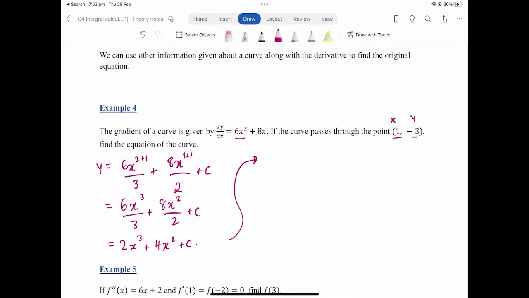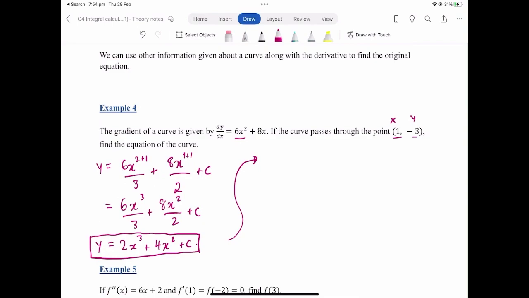This particular point will go through the original function. The only thing that's missing from this original function is what the constant term is. So we're going to substitute 1 and -3 into their respective parts.